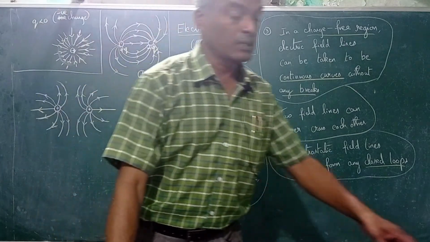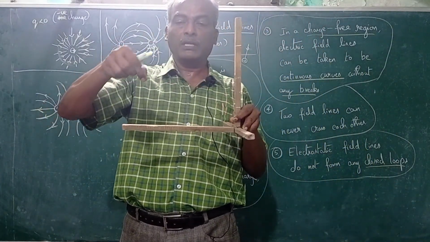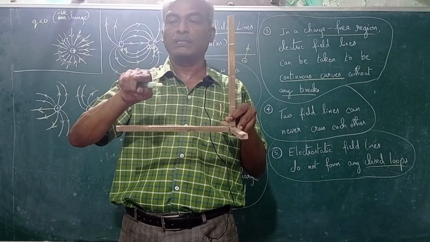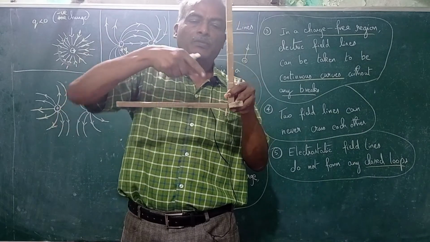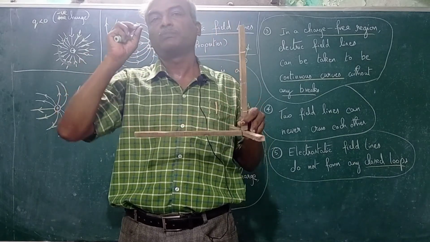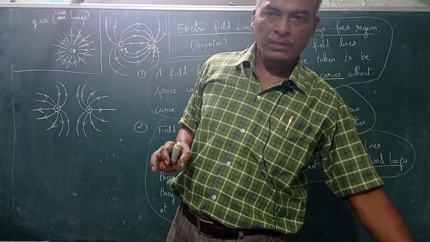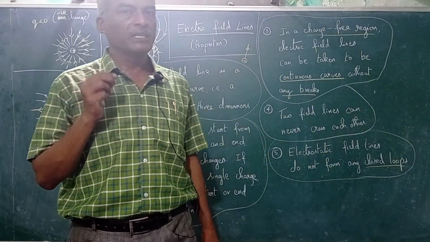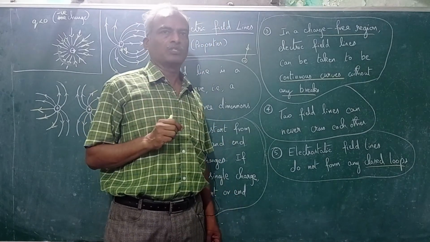From positive this side, from here, from here, so this is happening in the space. As I already told you, these electric field lines are only curves, but they do not form any loops. That is most important.